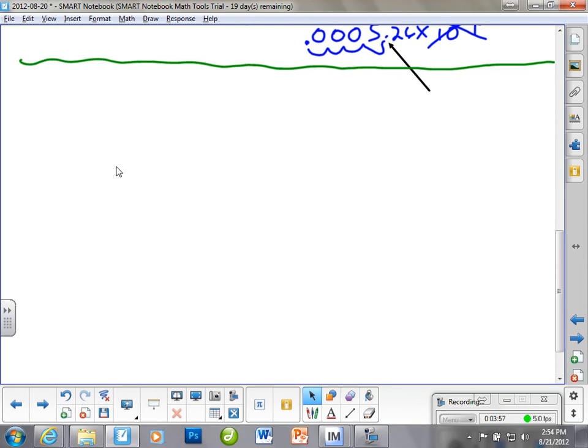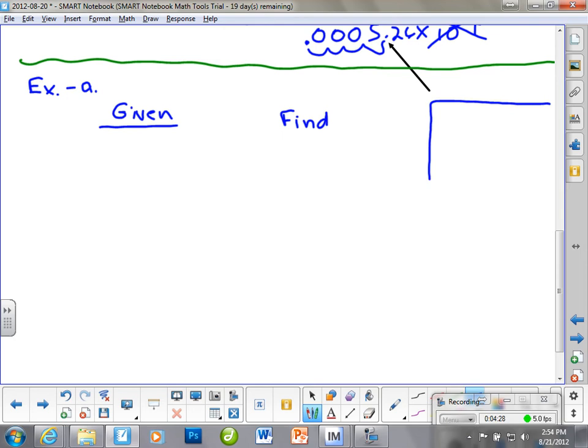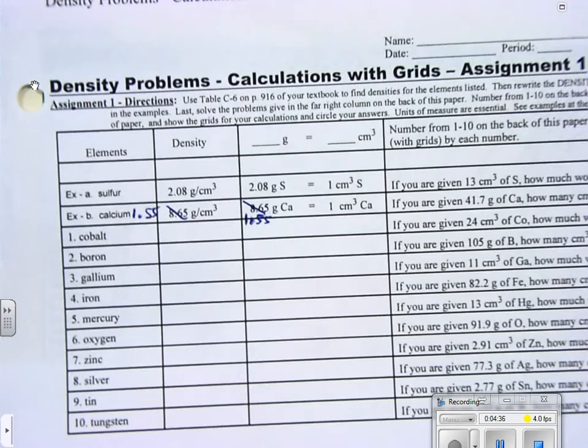And so we are working an example. This is the identification of the problem. You always need to identify your problems. Example A. So we have a given, and we're going to have a find, just like before, the other things we were working on. And we're going to have a little sidebar over here, which is going to be the density written as an equality, which is what we had right here.